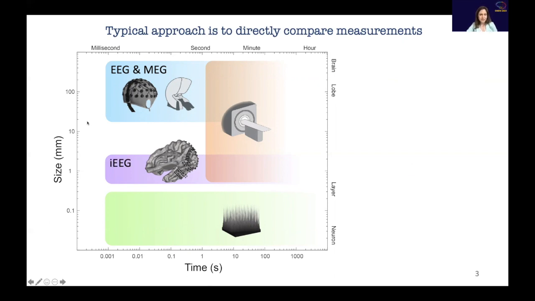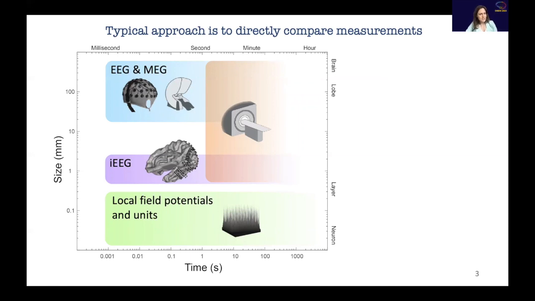Intracranial EEG measurements, where electrodes are implanted on the surface of the human brain in ECoG, or at depth with stereo EEG, still have a really good temporal resolution of the order of milliseconds and have an excellent spatial resolution as well, on the order of millimeters. But they measure sparsely in a select number of brain regions.